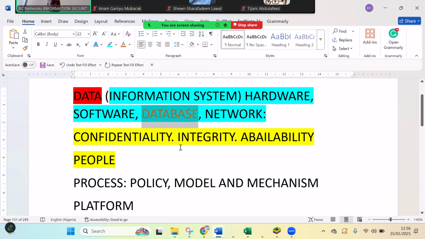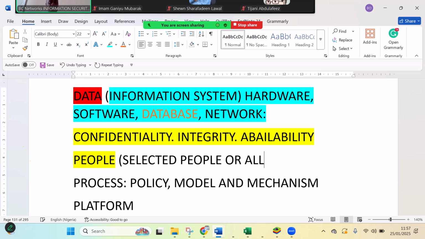Are you getting my analysis? The policy also explains that not all of them can access the software, but not all of them can access what? The database. So that means we only have selected people or all the employees can access the database systems.